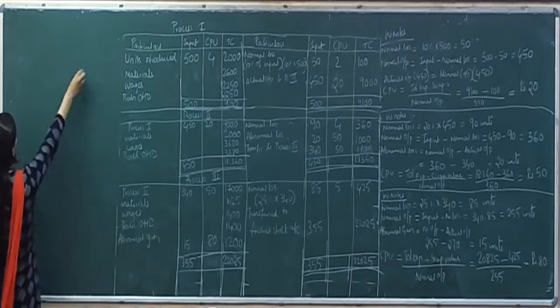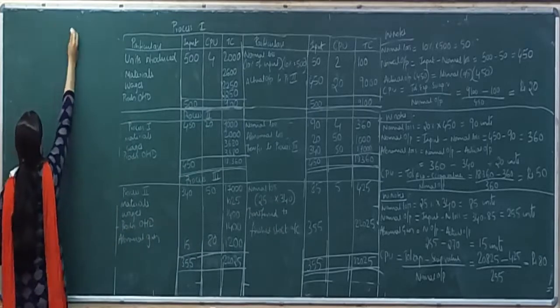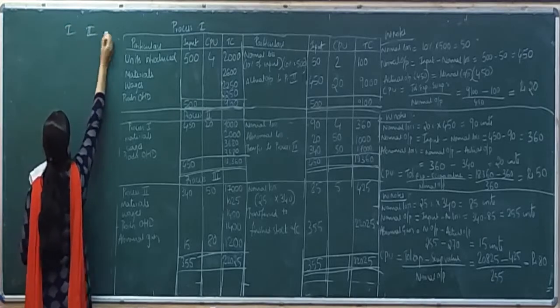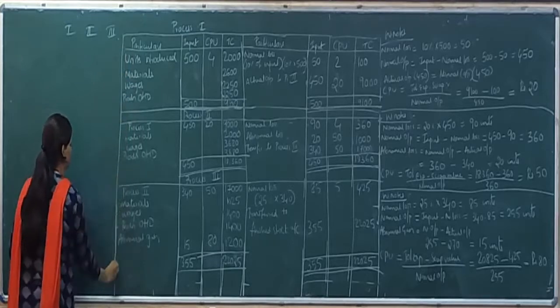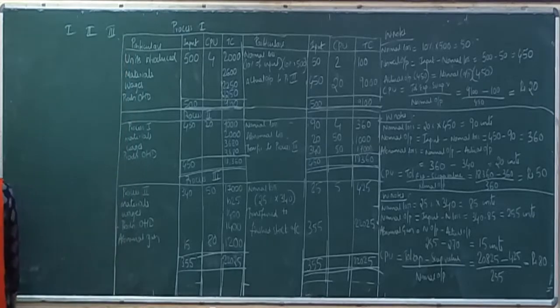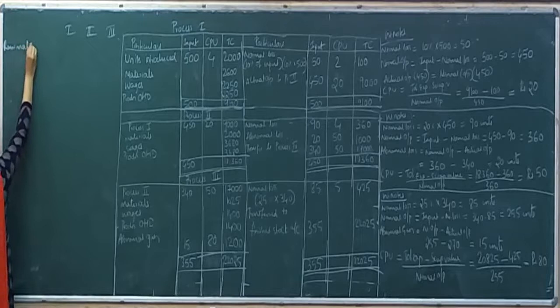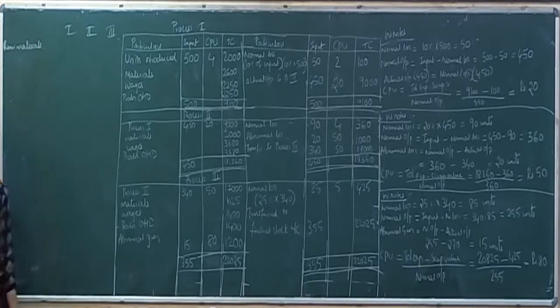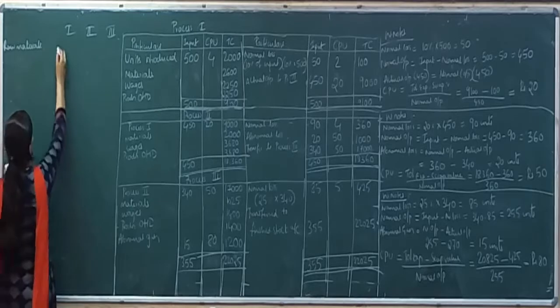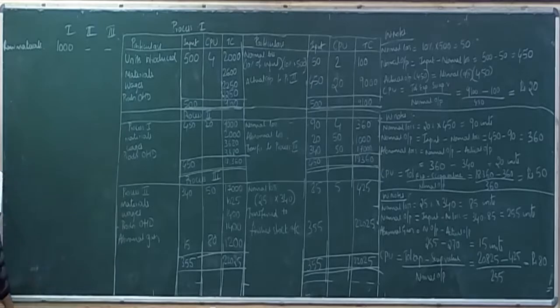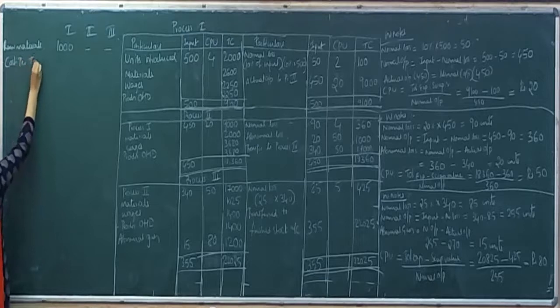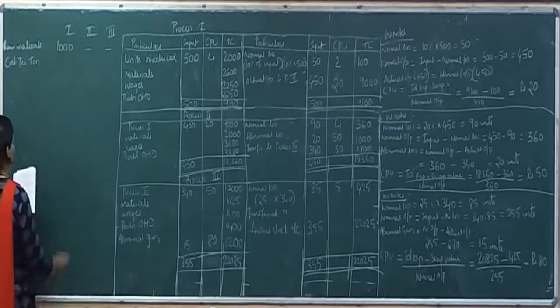Okay, so process: input 1000 tons, cost per ton is 200.